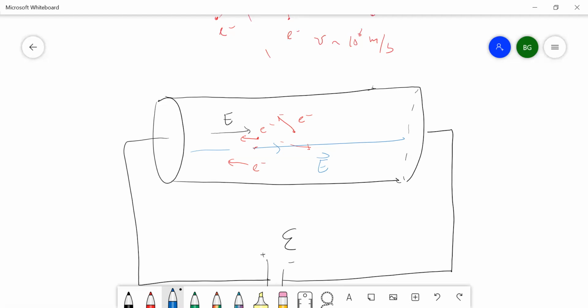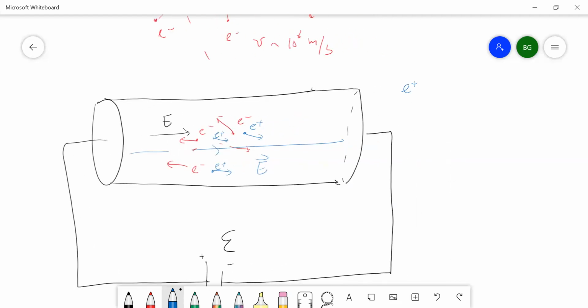So we could imagine that if the electron moves that way, we could make a particle, we call it A plus, that moves nearly parallel to the electric field. This is also A plus, and this is A plus. We call it a charge hole.